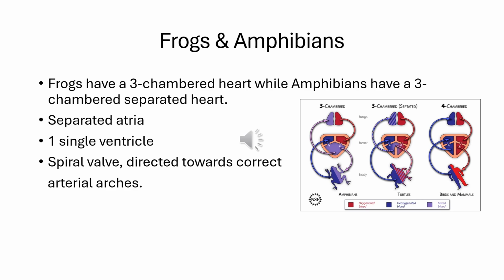With the amphibians and their double circulation, they did, like I said, have some sort of mixture in the blood, but it was only partially mixed. And as we see with the turtles in the next slide, we'll go into a little more detail.